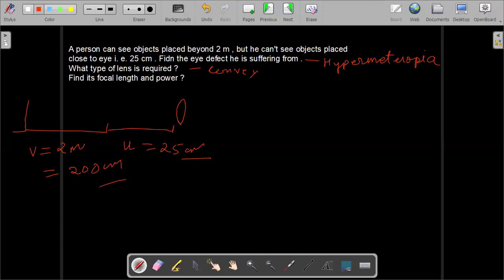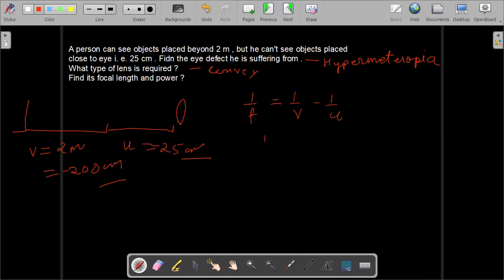Now both the object distance and image distance are negative. So I can put this as minus 25 centimeter and this one as minus 200 centimeter. Now we'll use the lens formula, that is 1 by f equals 1 by v minus 1 by u.